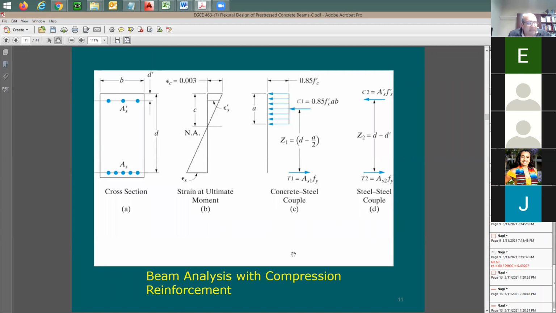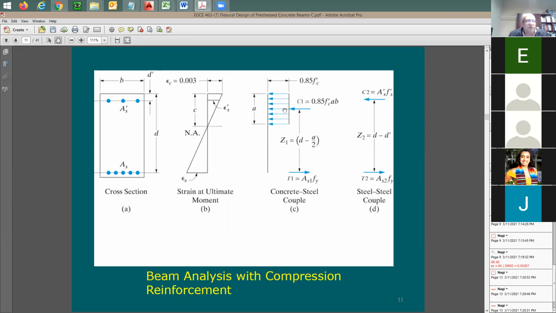Also, we have this type of beam analysis that we do when we have compression steel. If you recall, we have here compression steel, we call it As prime at the distance of d prime. We assume that the bottom steel is yielding and also the top steel is yielding. And then we assume two couples, simply because I'm going to have here two compression forces.